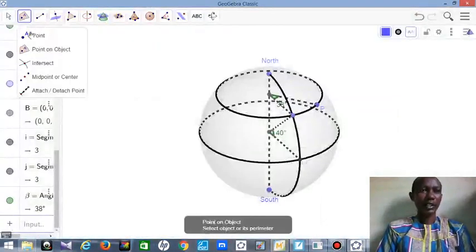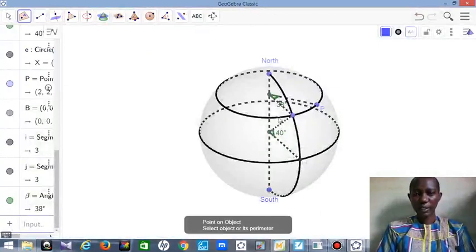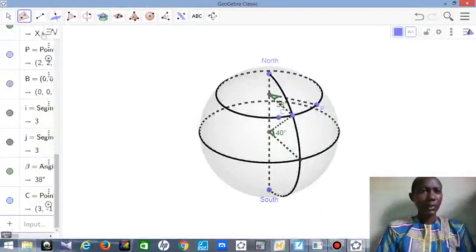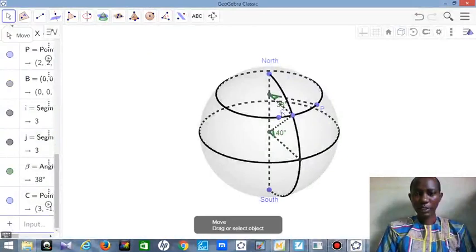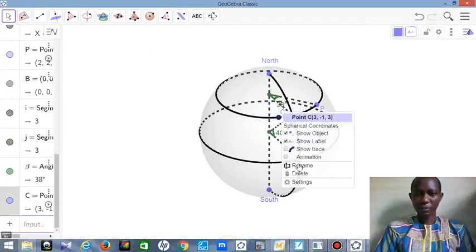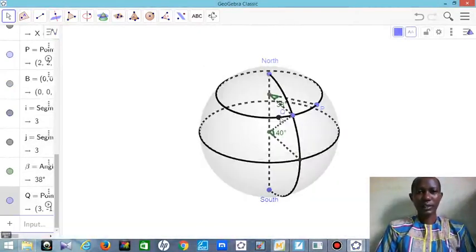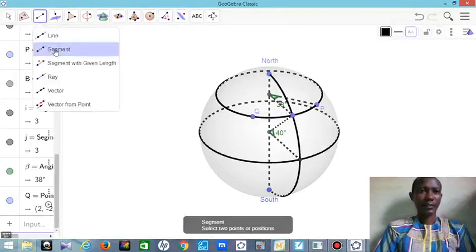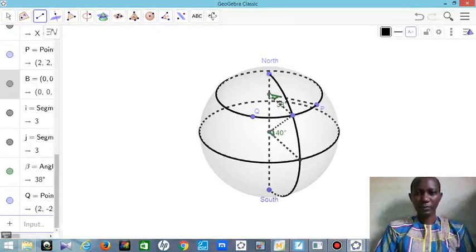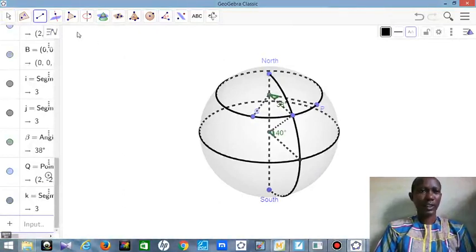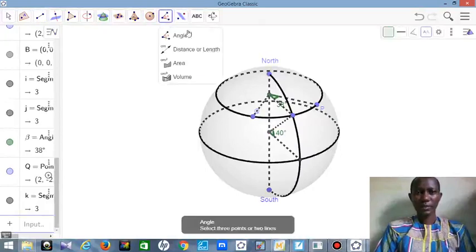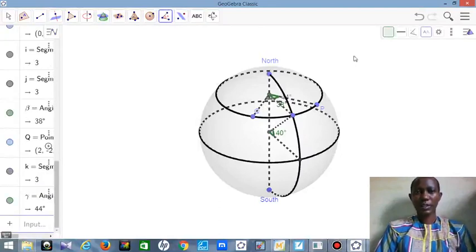That means we need a point on this place, which is point Q. So I need to rename this as Q. You can see it, and I need to put the line now, and the angle.